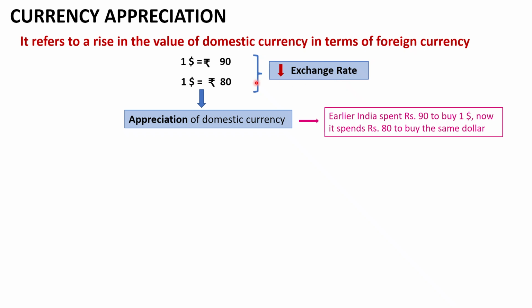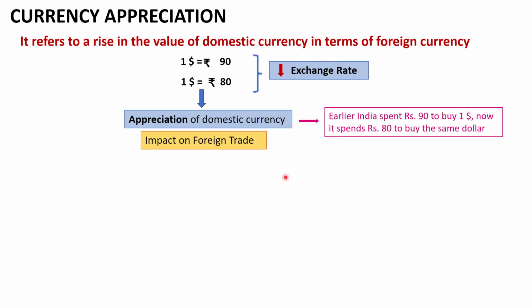Earlier, India spent 90 rupees to buy $1. Now, India spends 80 rupees to buy the same dollar. Okay, so the value of rupee has increased in terms of dollars.